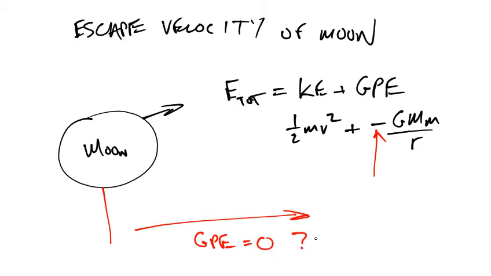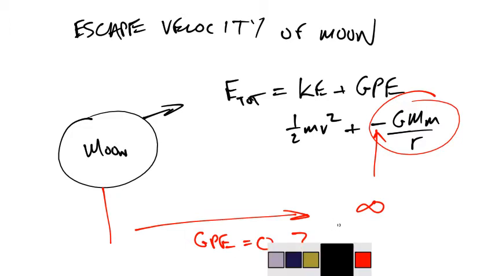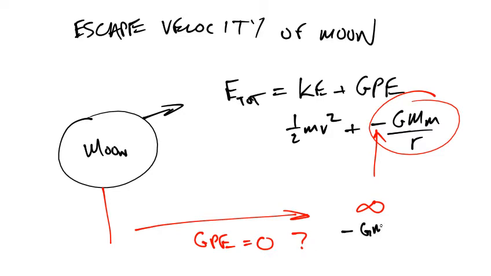Well, it turns out that from this equation, when you're at infinity, that is when your gravitational potential energy will be 0. Because if you look at the equation, negative something, GMm, that's all going to be positive, divided by infinity, well, that's going to tend to 0.